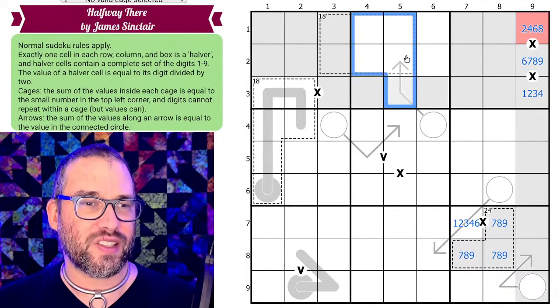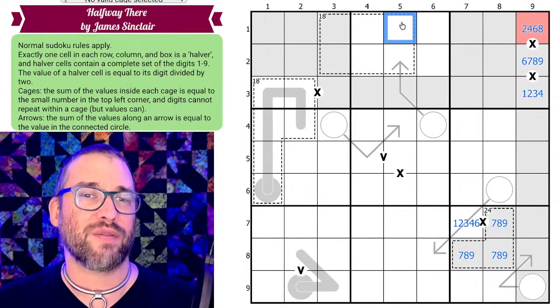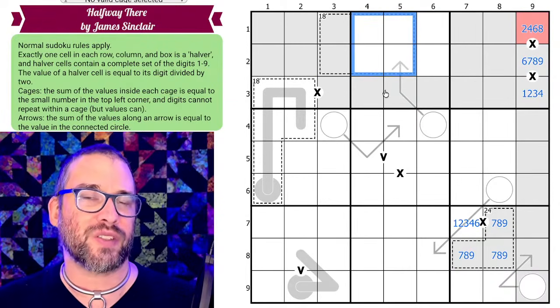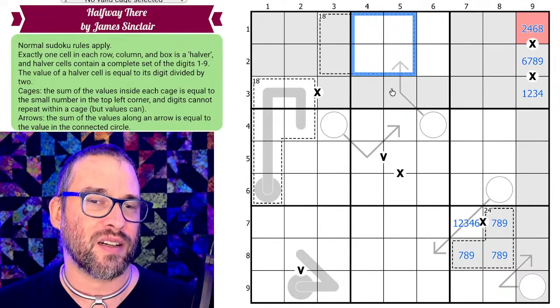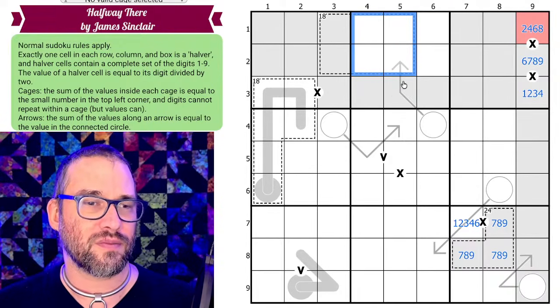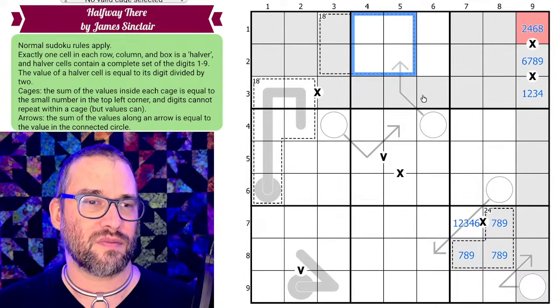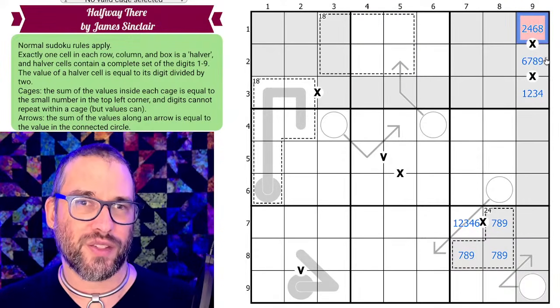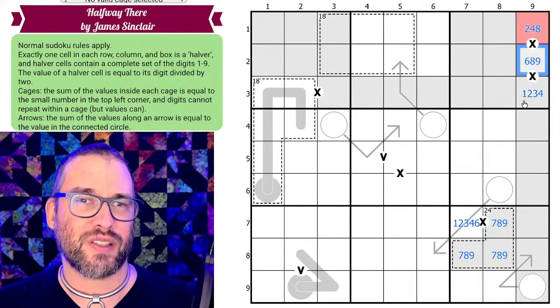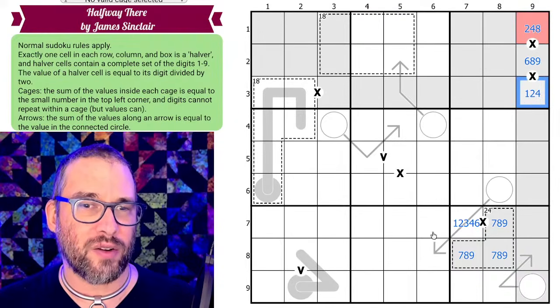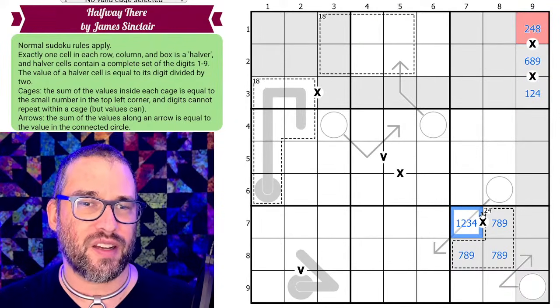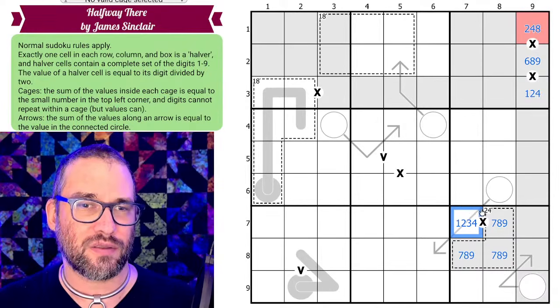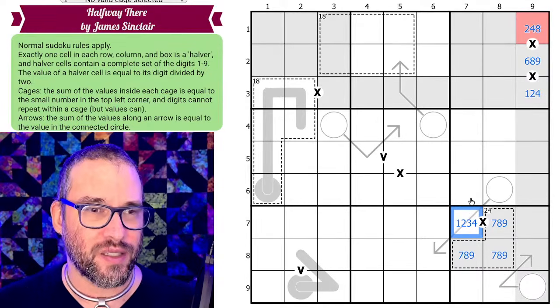We're using the 6. 7 could go with 3, 6, but we've just said there's a doubled 6 in here. So 6, 7, 3 is out, and actually the double 6 here is out. Or the halved 6, rather.